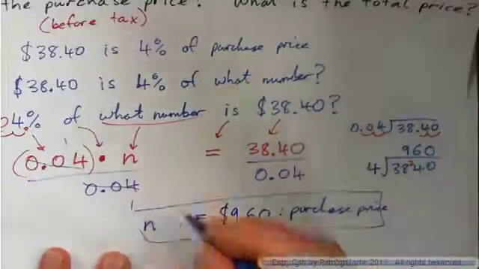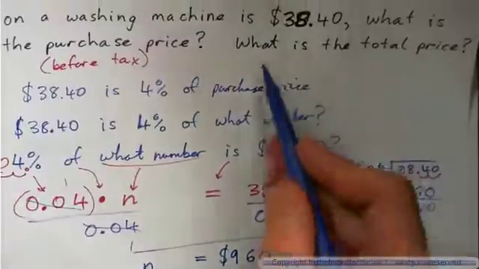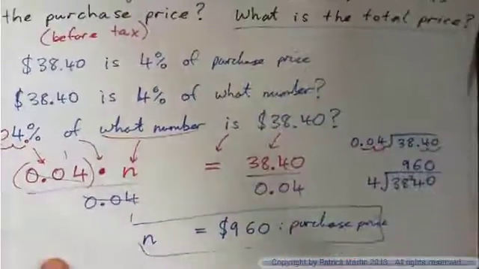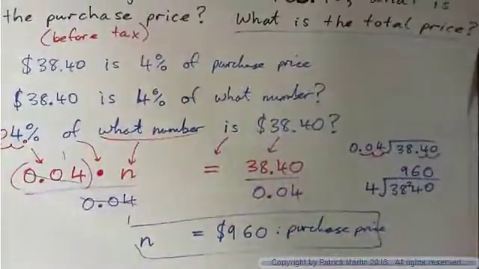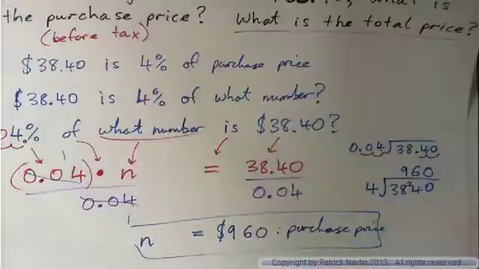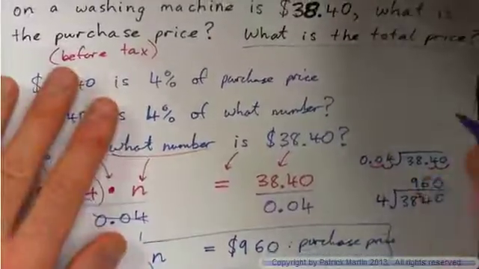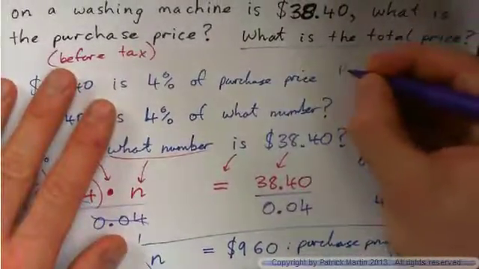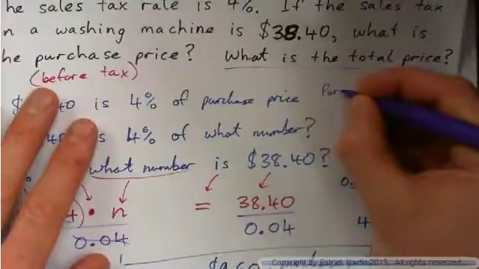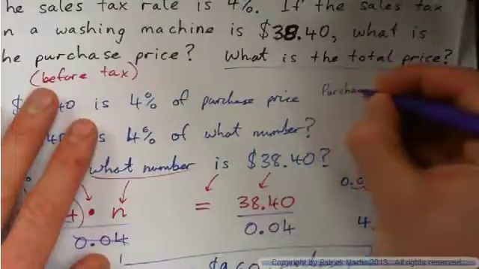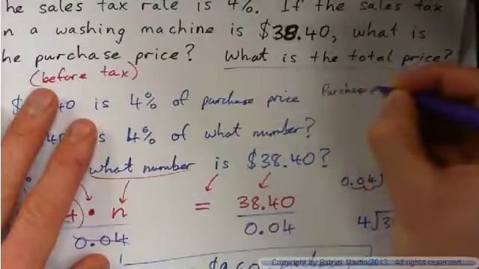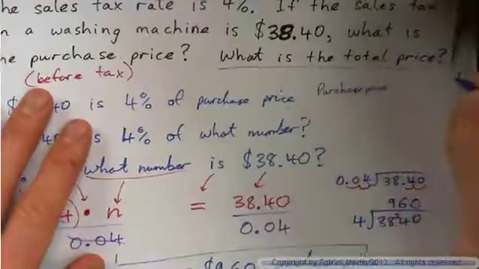Now, can you figure out what the total price is? Step 2. What is the total price? The next question. Okay, I'll help you now. What you do is you take the purchase price, which is $960.